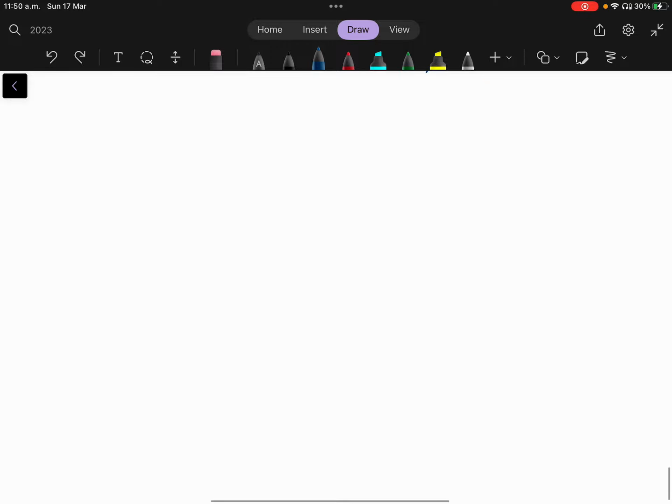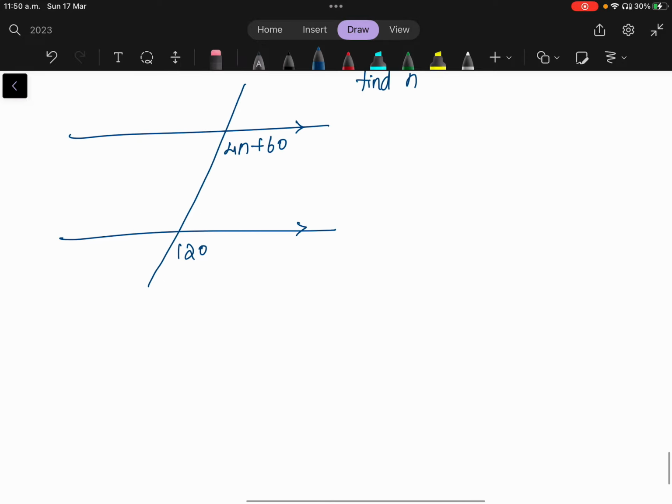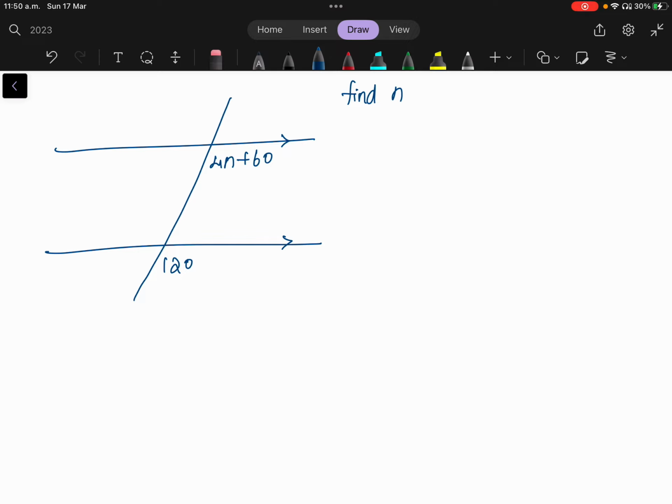Now in Junior Cert, it will not stop with this. There will be an algebra part to it. So suppose you have this and they say this is 4n plus 60 and this is 120, and find n. They can give you questions like this. This is where it becomes a little tricky, but it's easy. So here you need to have an understanding. This angle and this angle, what are those?